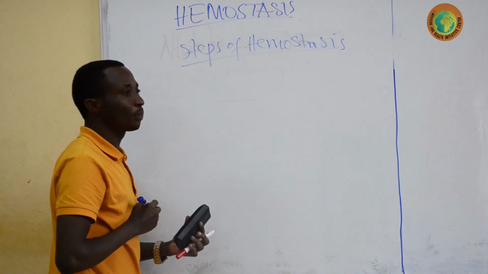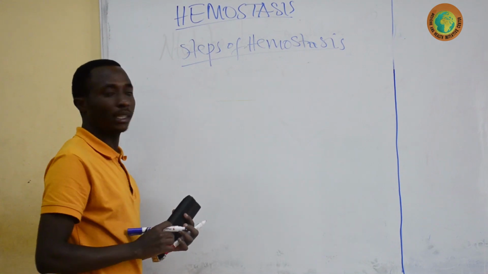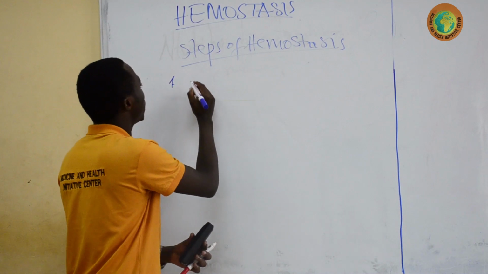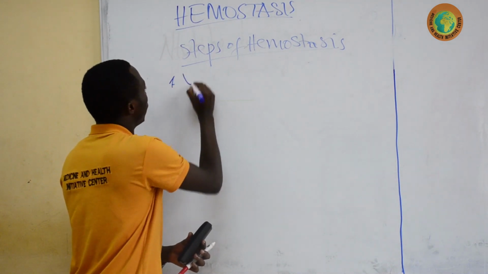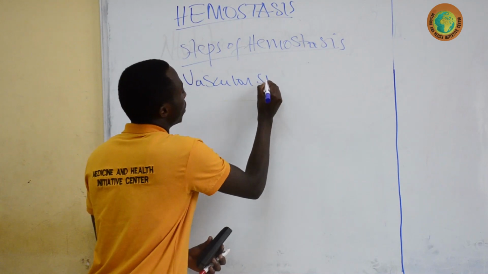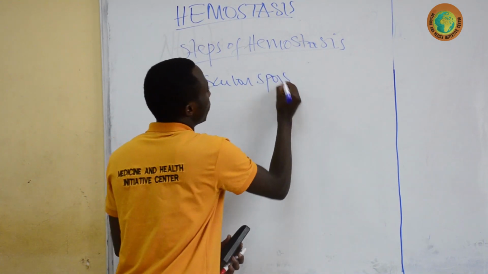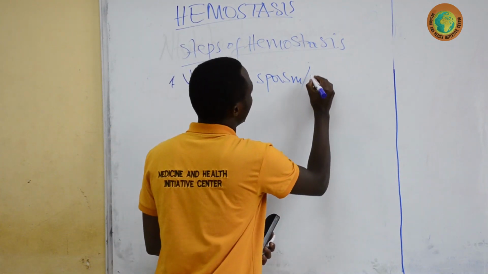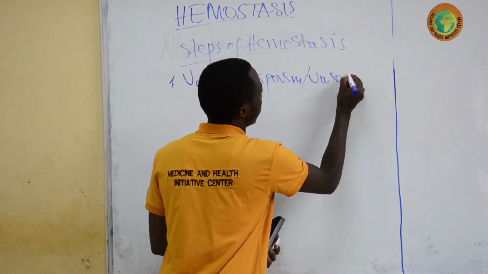In the previous presentation, we talked about the first step, which is vascular spasm, or transient vasoconstriction.